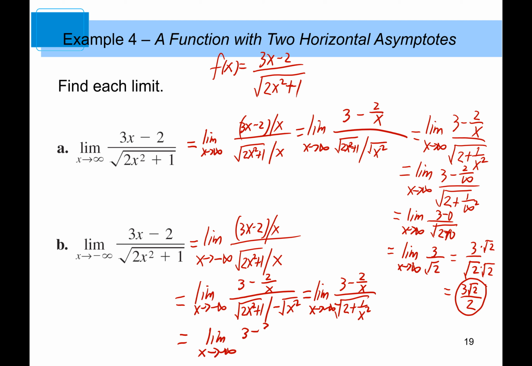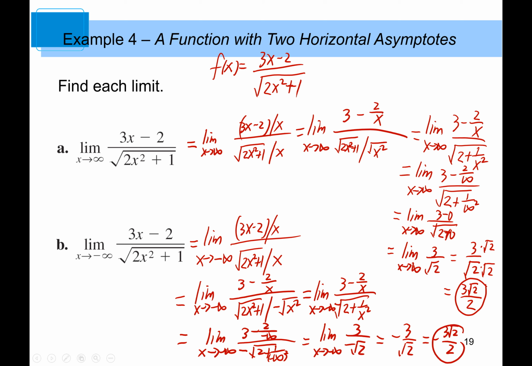So 3 minus 2 over negative infinity, over negative radical of 2 plus 1 over negative infinity squared. So they both become 0, so the limit when x approaches negative infinity is 3 over negative radical 2. So it becomes negative 3 over radical 2, and the answer is negative 3 radical 2 over 2.